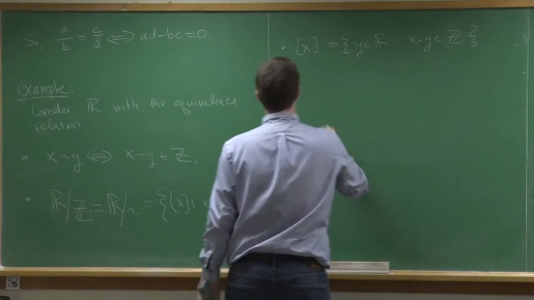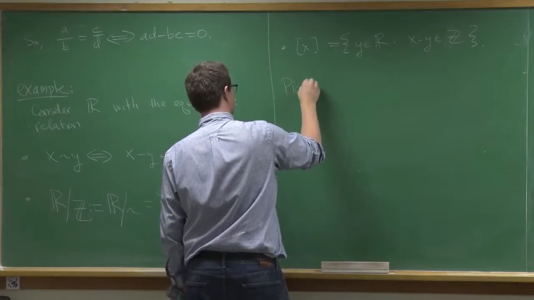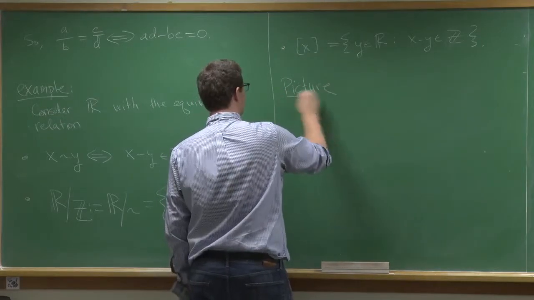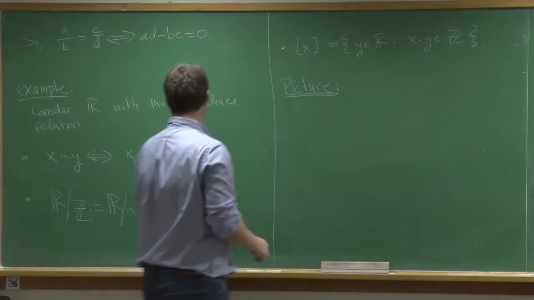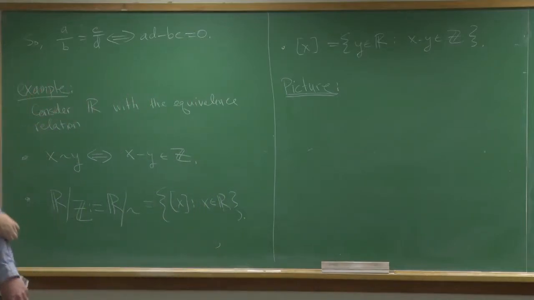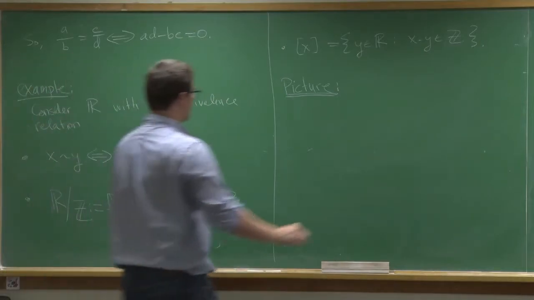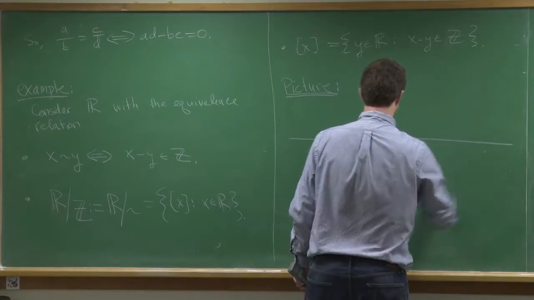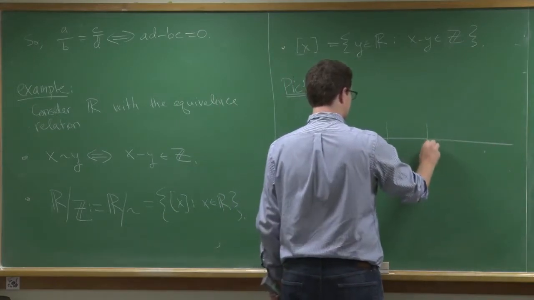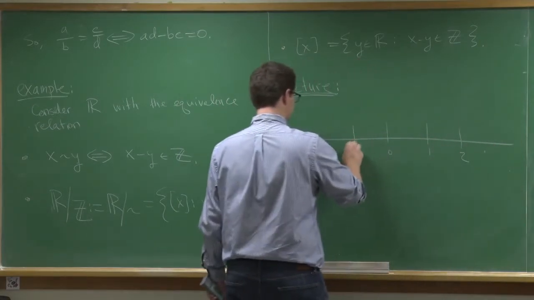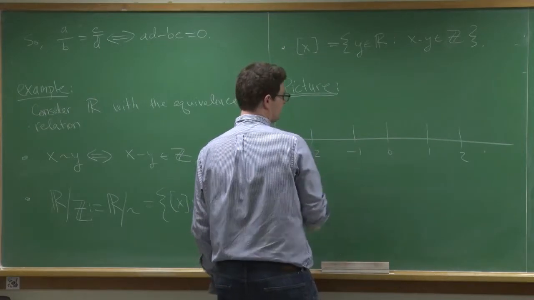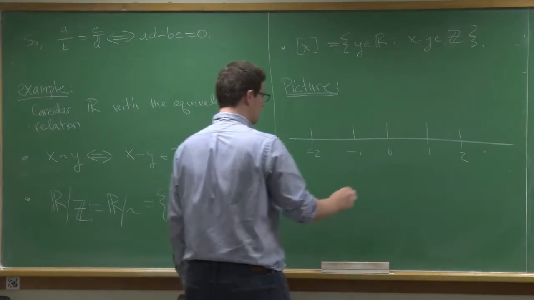Okay, so let's do a picture. I'm first defining an equivalence relation, and then I'm going to define a function on it, and I'm going to check that it's well defined. Here's the picture. Here's 0, 1, 2, minus 1, minus 2.